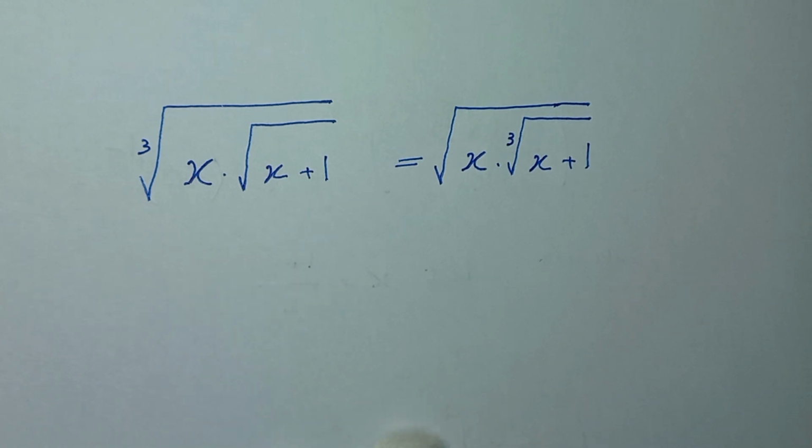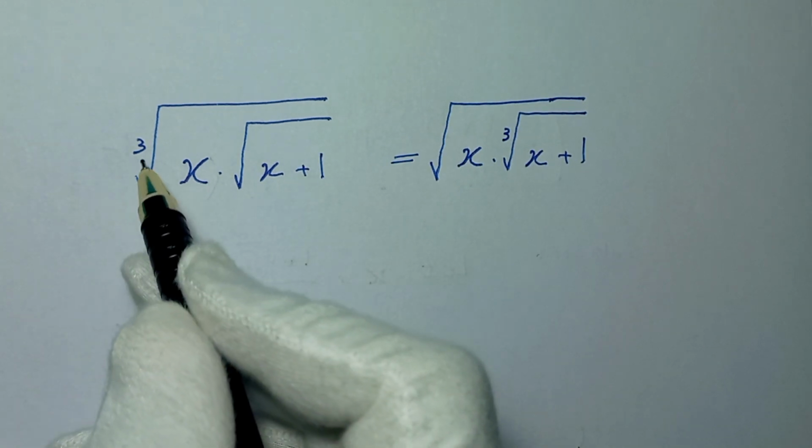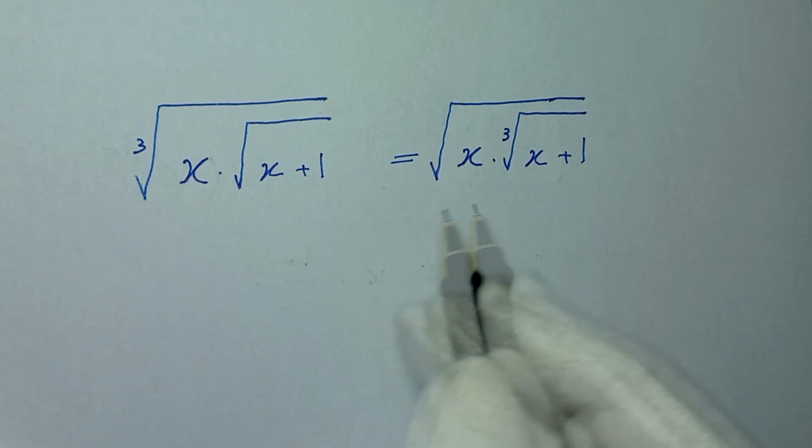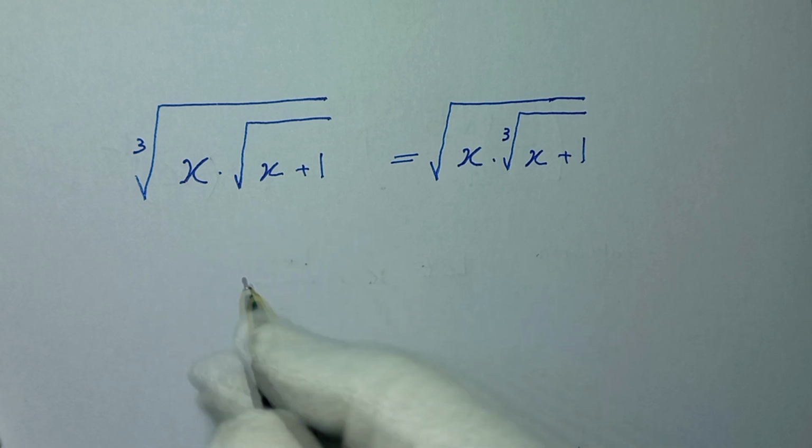In the first step, to cancel this cube root and this square root, we raise both sides of this equation to the power of 6.